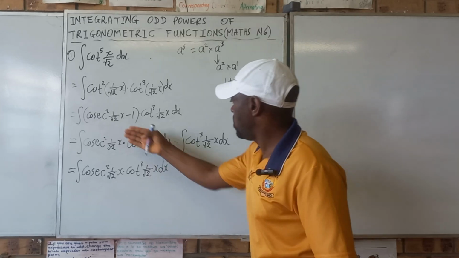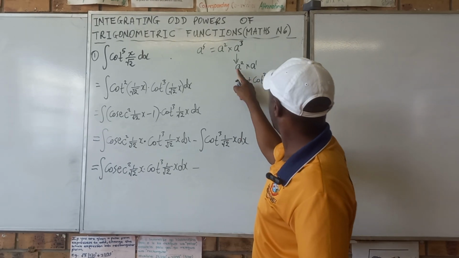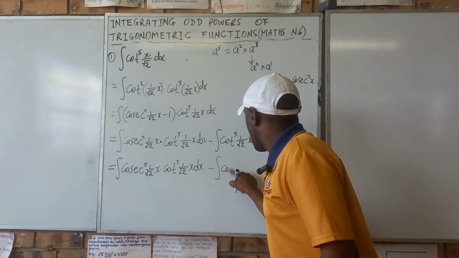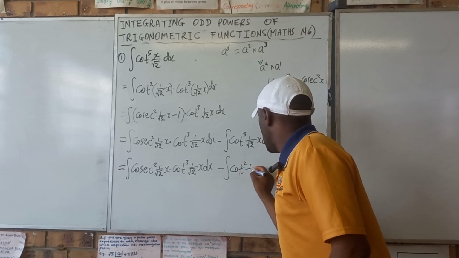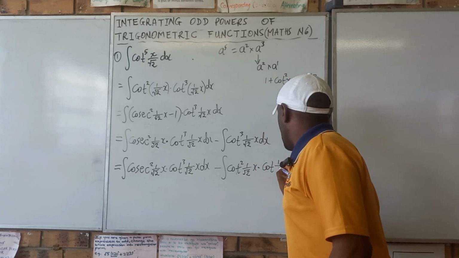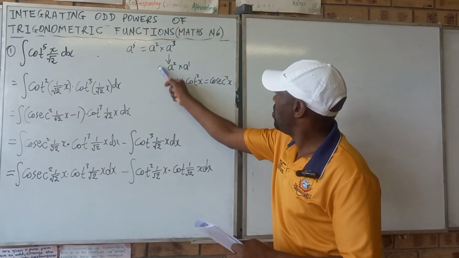So that's the same term. Then when I go here, I split this one again, just like that. So this becomes cot squared (1 over root 2)x multiplied by cot (1 over root 2)x dx. So that is now handling this portion.